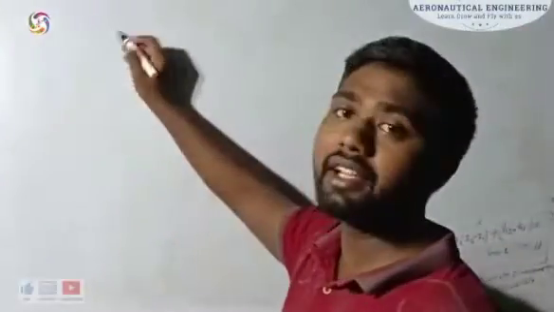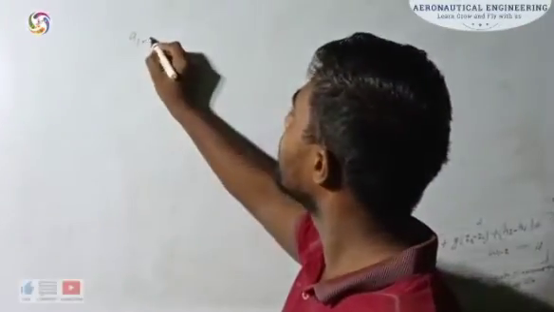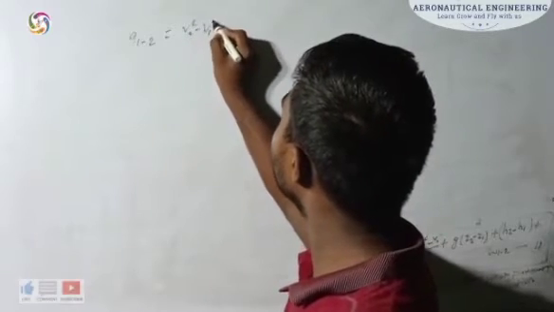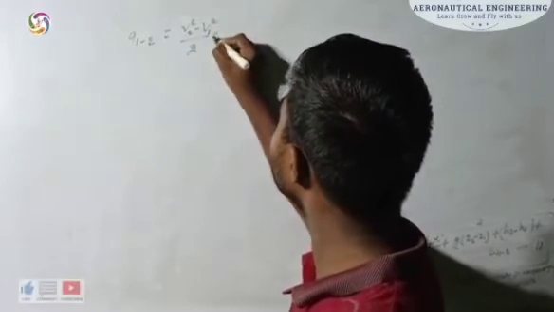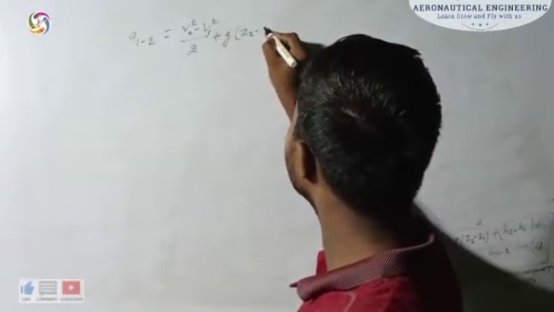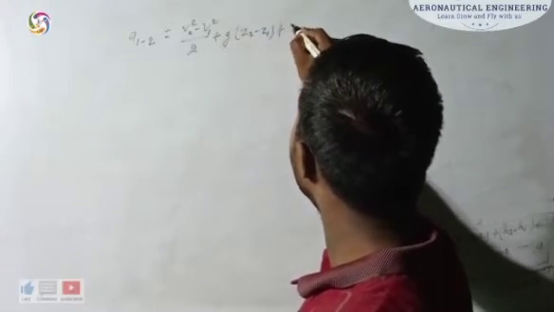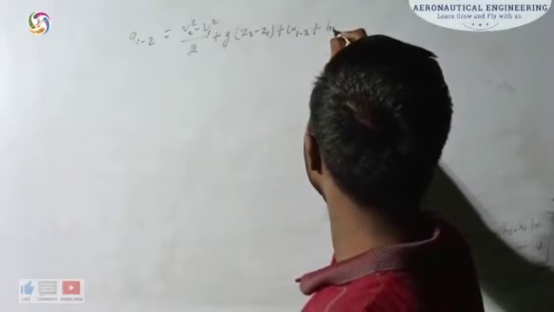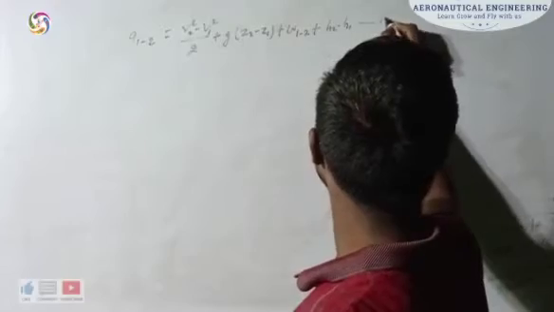We get the final steady flow equation as q12 equals (v2 squared minus v1 squared) upon 2 plus g(z2 minus z1) plus work done between the inlet and outlet of the system plus h2 minus h1. This one is equation 2.